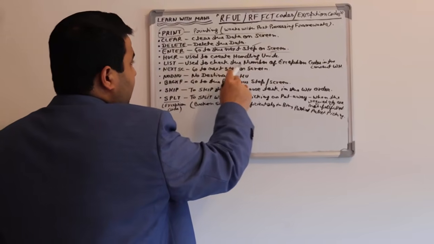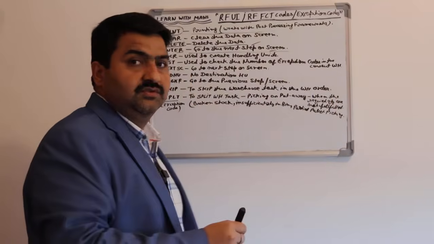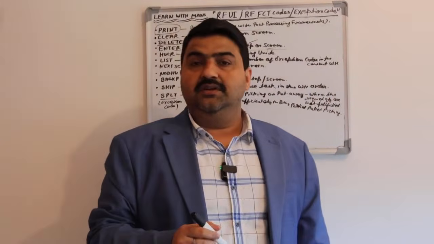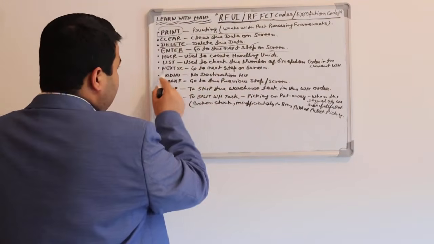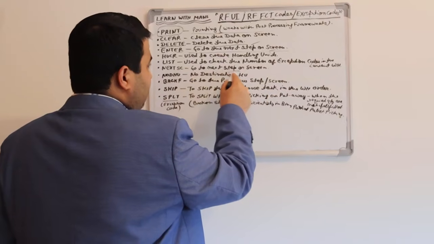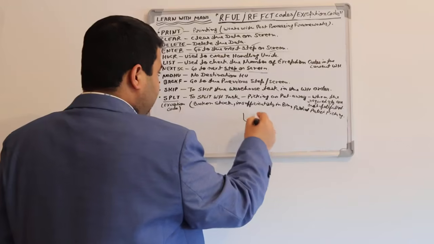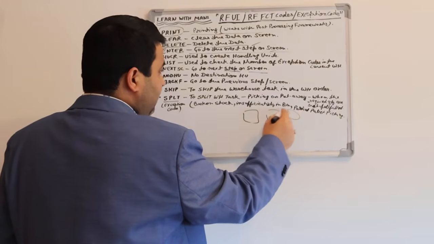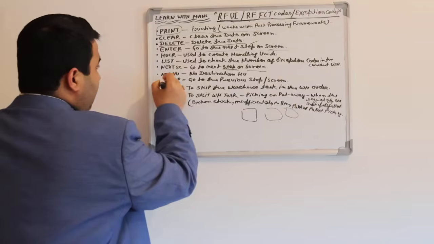LIST is used to check the number of exception codes in the current warehouse in which I have logged in right now. Next, SC means go to the next step or screen. Steps means, suppose we have screen 1, screen 2, screen 3, so these are step 1, step 2, step 3.